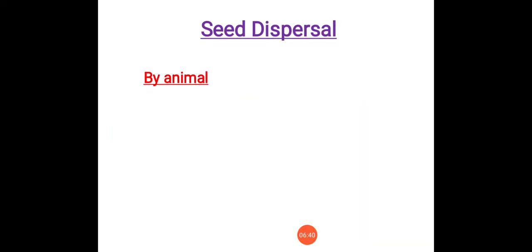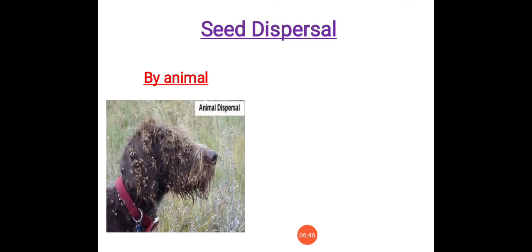Seeds dispersed by animals: some seeds have hooks, pointed hair, spines, spikes and so on. When they come in contact with the animal, they get attached to their hairy skin and are carried to other places.